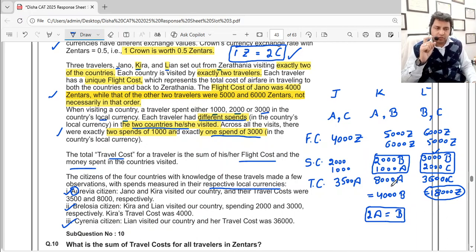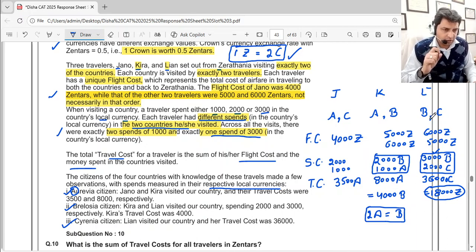Now let's see one more thing. We know the total travel cost for Lian was 18,000 Z, out of which this 2000 C is equal to 1000 Z. That means 17,000 is remaining.